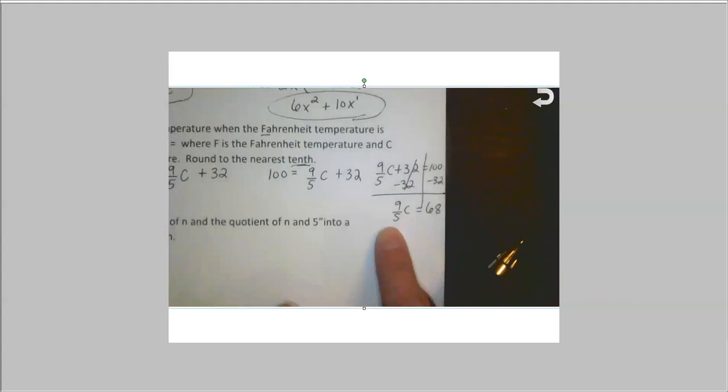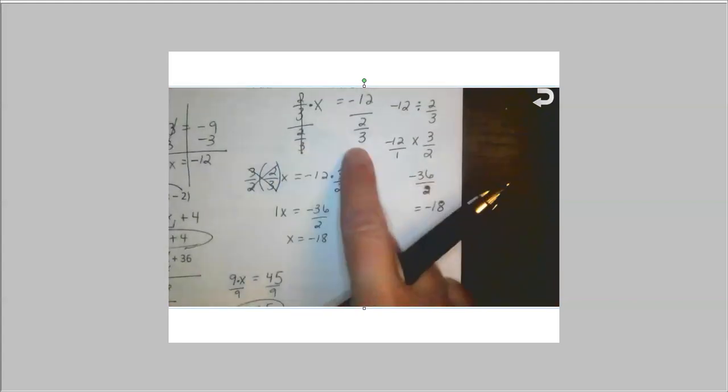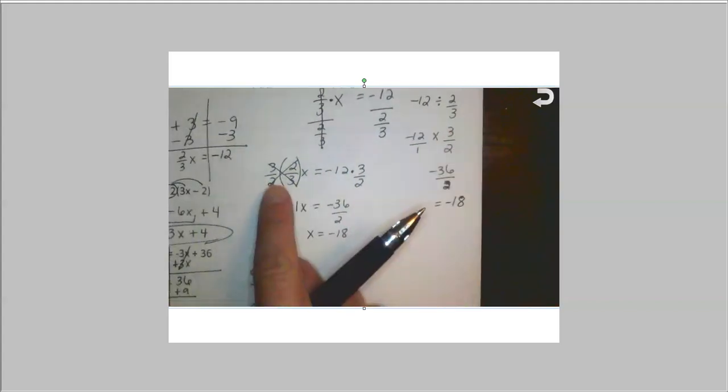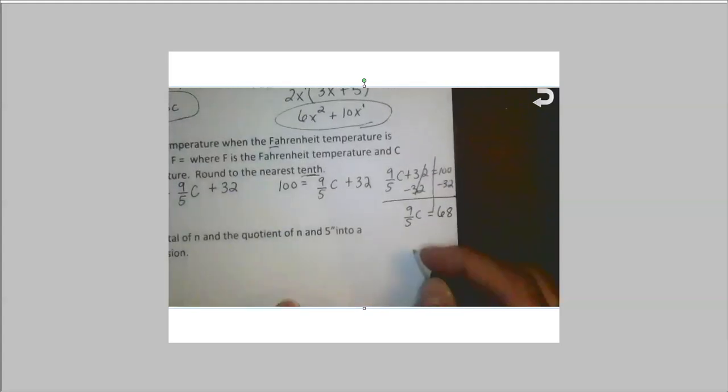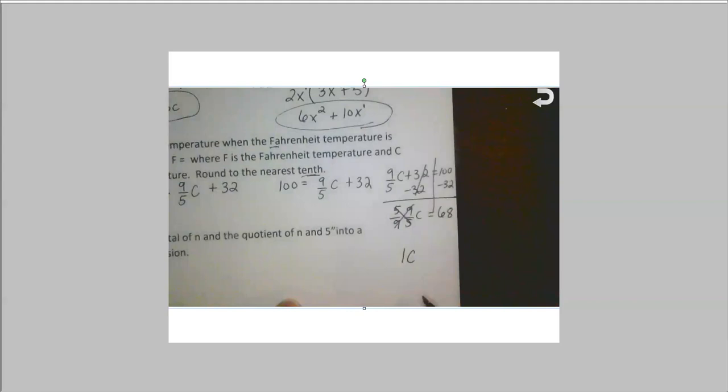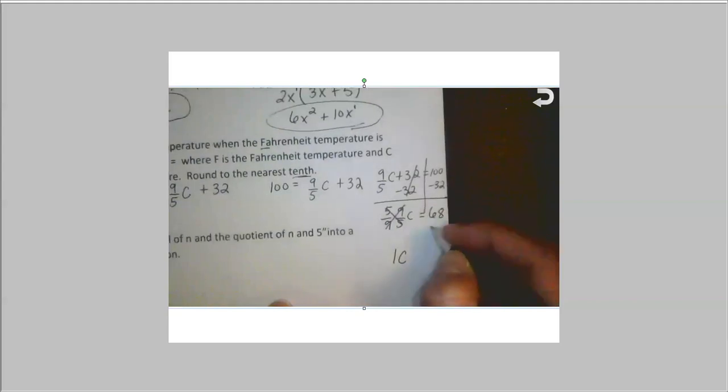I showed you 2 methods when you have a fraction in front of your variable. You can divide by that fraction, which ends up multiplying by the reciprocal, or you can just simply multiply by the reciprocal on both sides, which is the step I'm going to do because I want 1C. And to get that, 9/5 times 5/9 cancels to make 1. But that means I've got to multiply 68 times that 5/9.